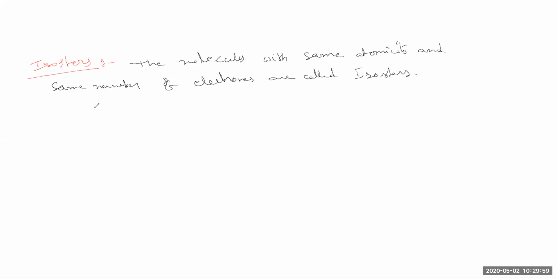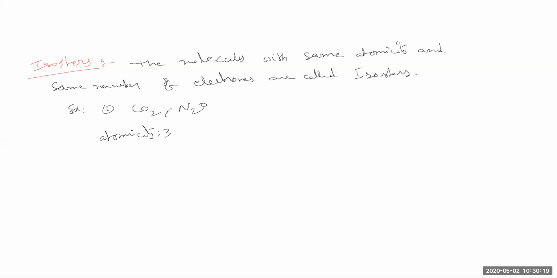Come to examples. Carbon dioxide and N2O. Now, what is atomicity? The number of atoms in the molecule is 3.